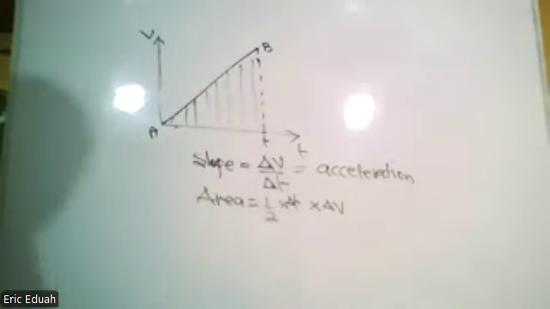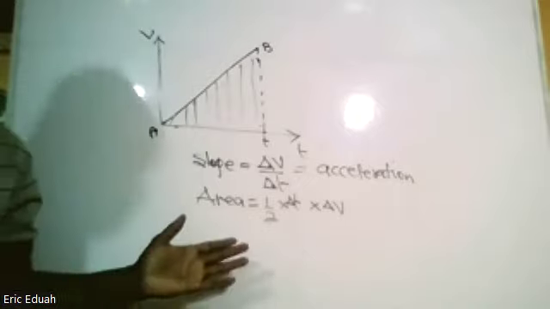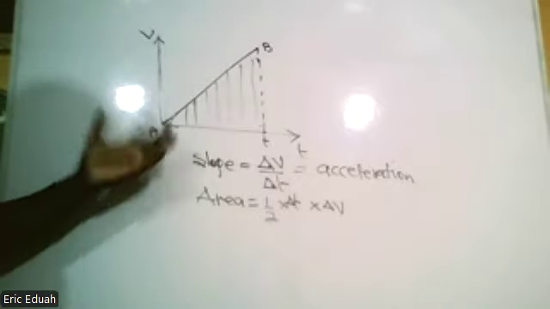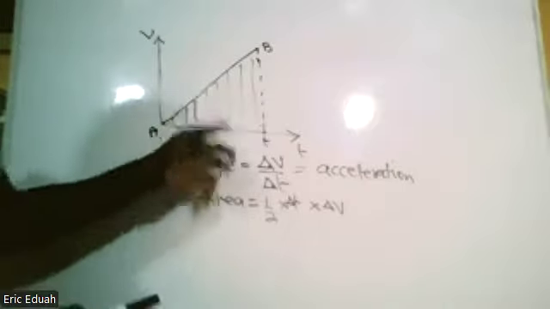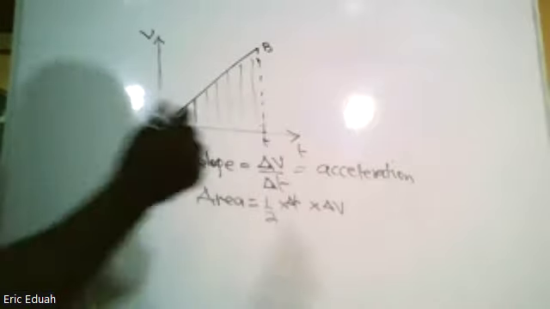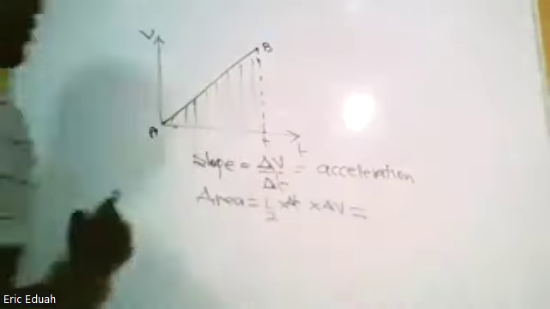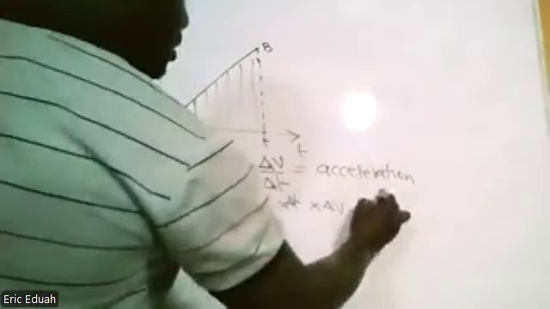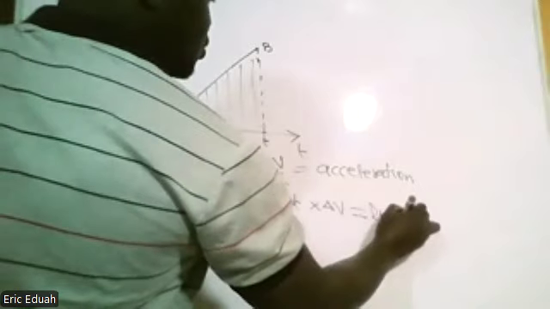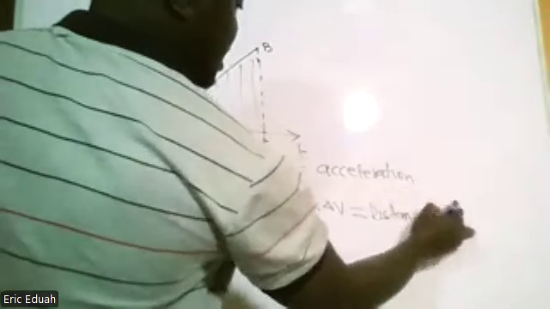So you draw this, and then explain that the slope is equal to the acceleration, whereas the area under the velocity time graph will give you the total distance covered.